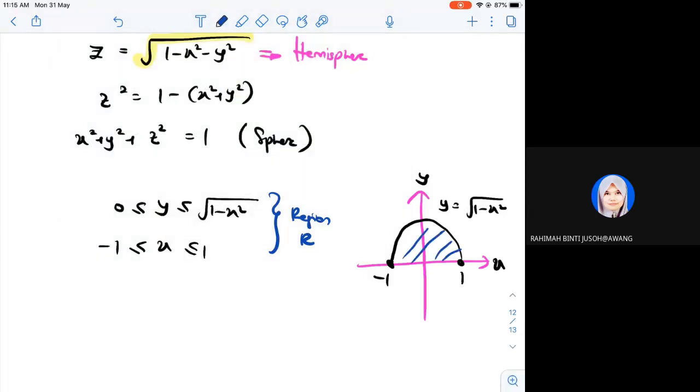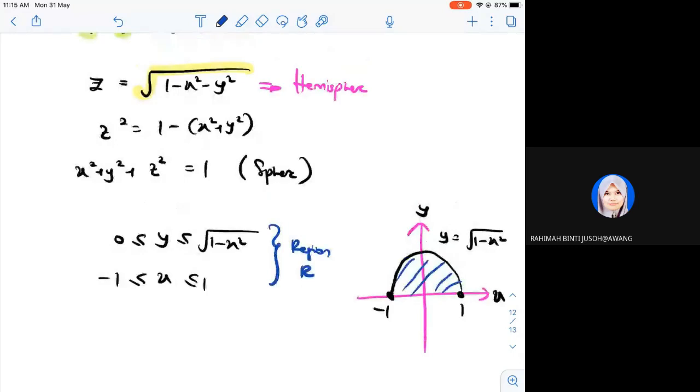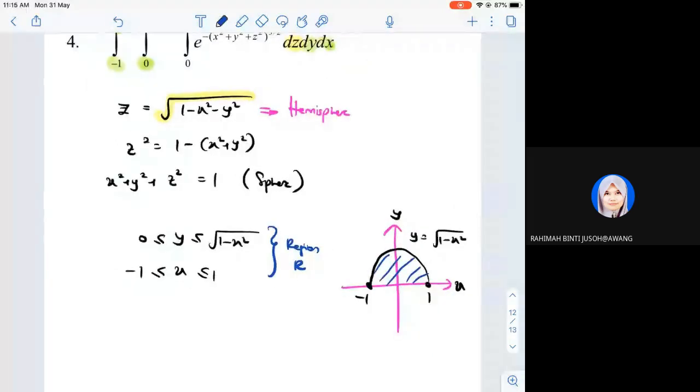So kita tahu dah tadi, z is representing a hemisphere, but the region R representing a semicircle.